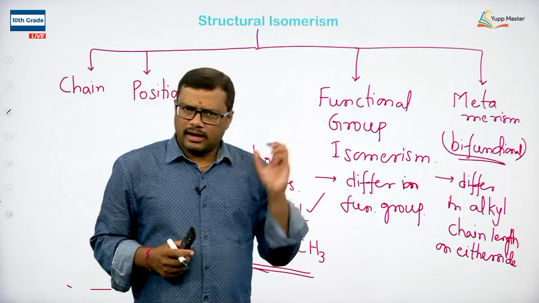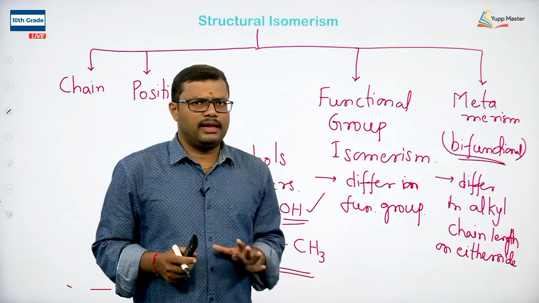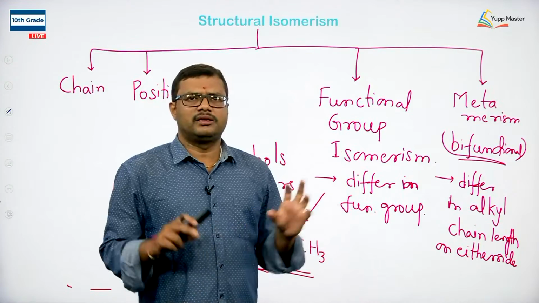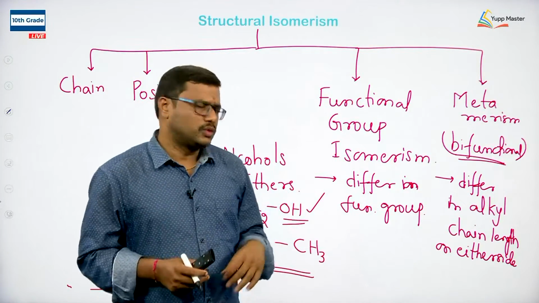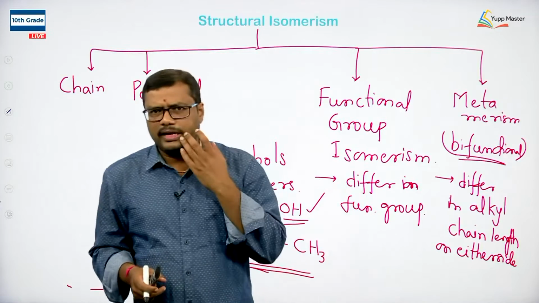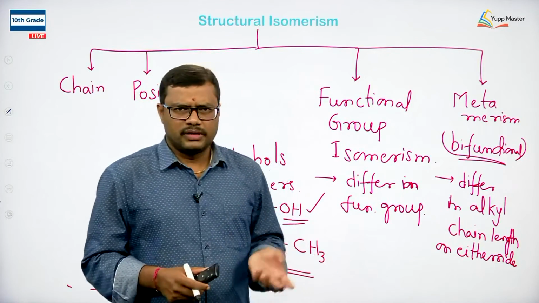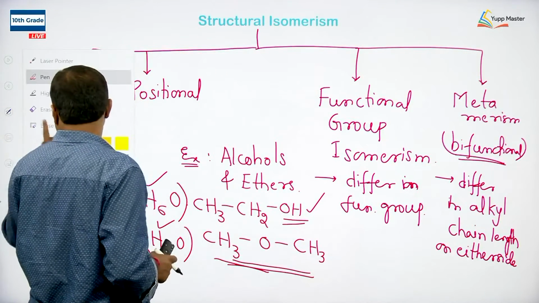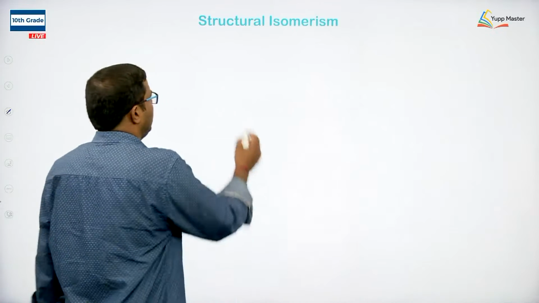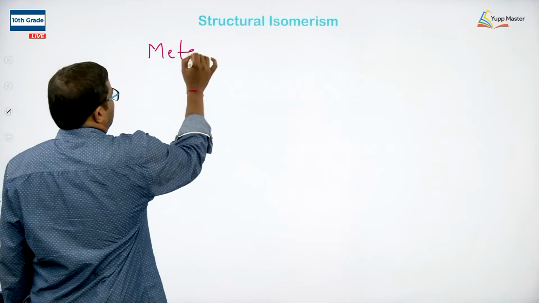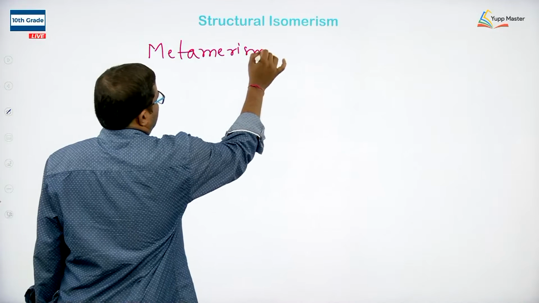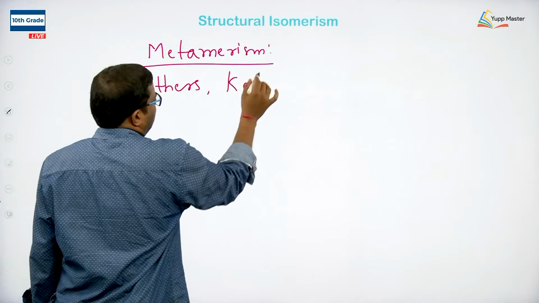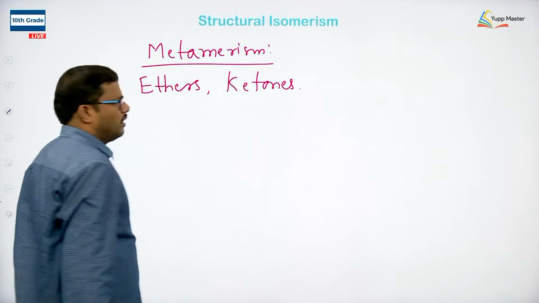Metamerism is when organic compounds have the same chemical formula, but they differ in the alkyl chain length on either side of the functional group. Therefore only bifunctional moieties are going to exhibit metamerism. Especially we can see it in the case of ethers as well as ketones, okay. Ether is a bifunctional group, and even ketones can be taken as bifunctional groups, okay.